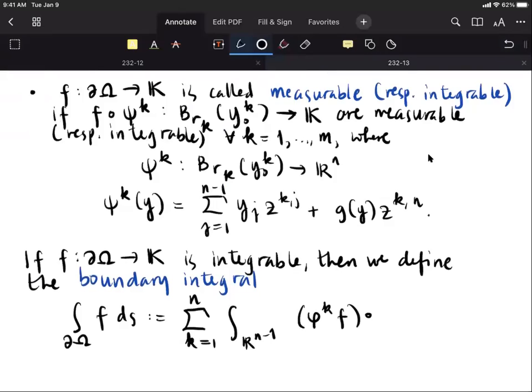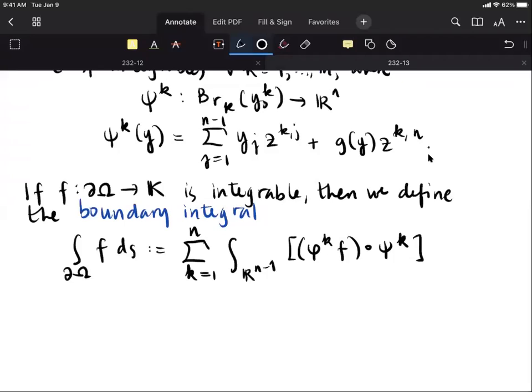Then take the composition of this with respect to the map psi k defined above, times the square root of, so this is analogous to the 2D case, the gradient of gk, times the n minus 1 Lebesgue measure.